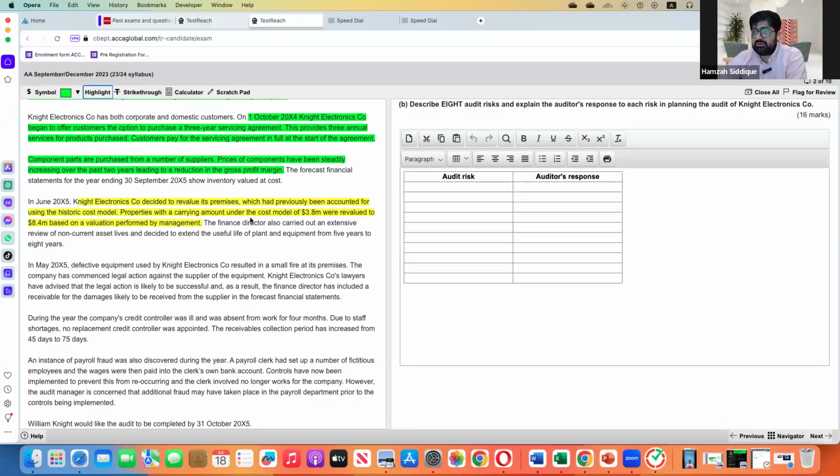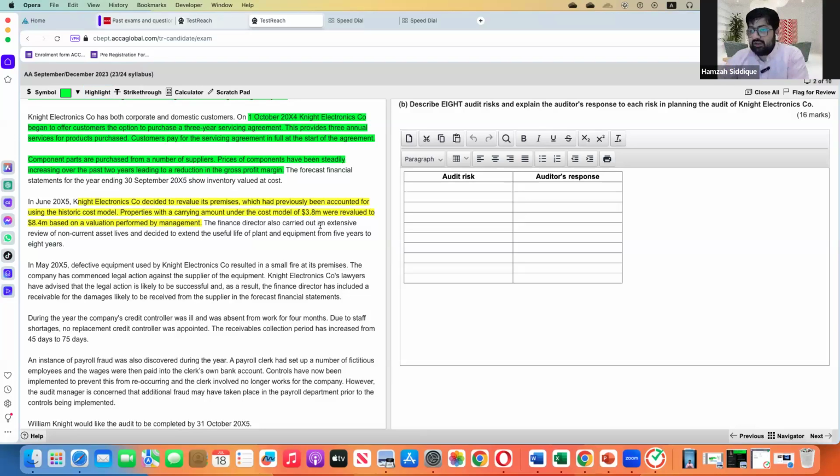Properties with a carrying amount under the cost model of $3.8 million were revalued to, oh my God, a huge increase. Yes, so the point is revaluation, maybe on invalid assumptions. Revaluation may not be done for all assets of the same category. IAS 16, which we studied in financial accounting F3.